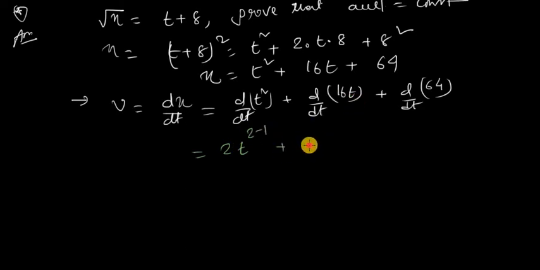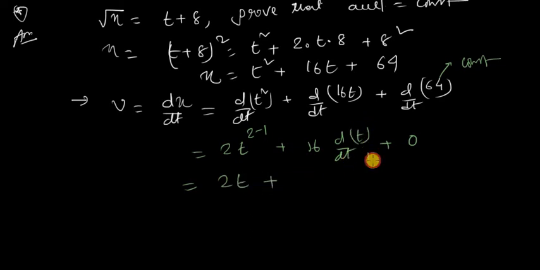Here 16 is taken outside since it's a constant, so d/dt of t is 1, and the derivative of 64, a constant, is 0. So this is 2t plus 16, and this is our velocity.